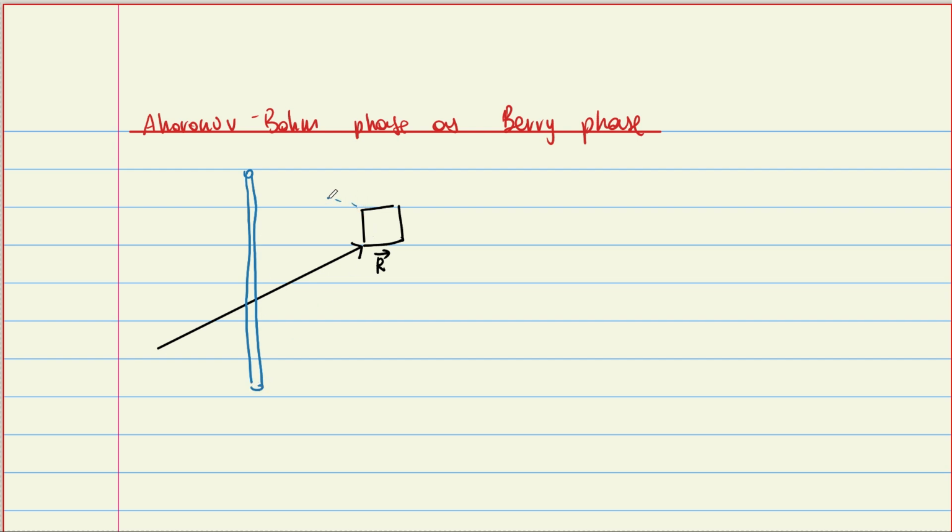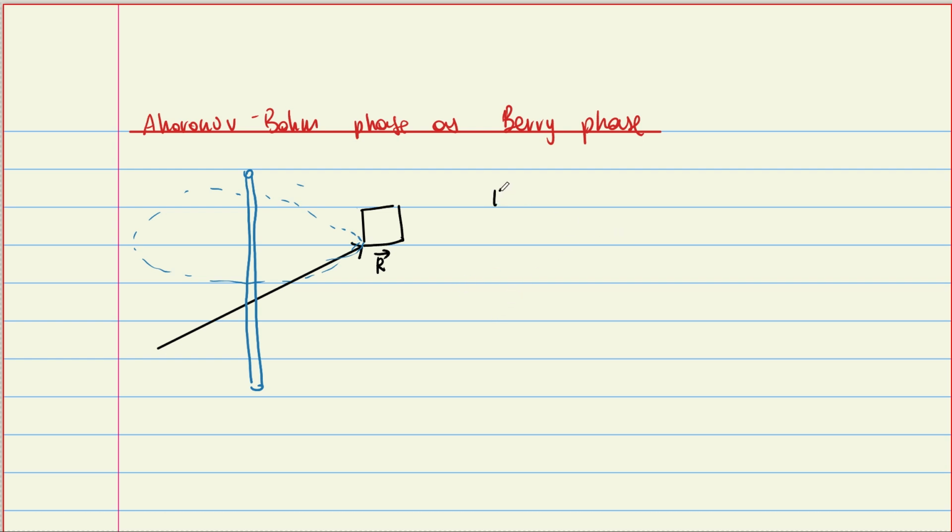And I want to imagine taking this box and slowly rotating the lower edge. So without changing the orientation of the box, I take this lower edge and slowly rotate around this flux tube and bring it back to its original place. So this is the setting.